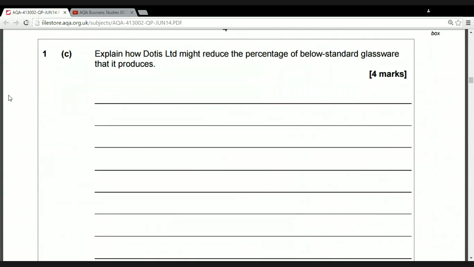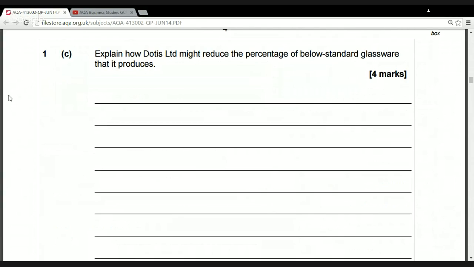Example, I'll use this as an example. Quality checks. Dotters Limited. If I just wrote quality checks, that will probably get me one mark. Quality checks will help Dotters Limited reduce the percentage of below standard glassware because they can make sure that they are checking the below standards and they are becoming higher standard glassware.